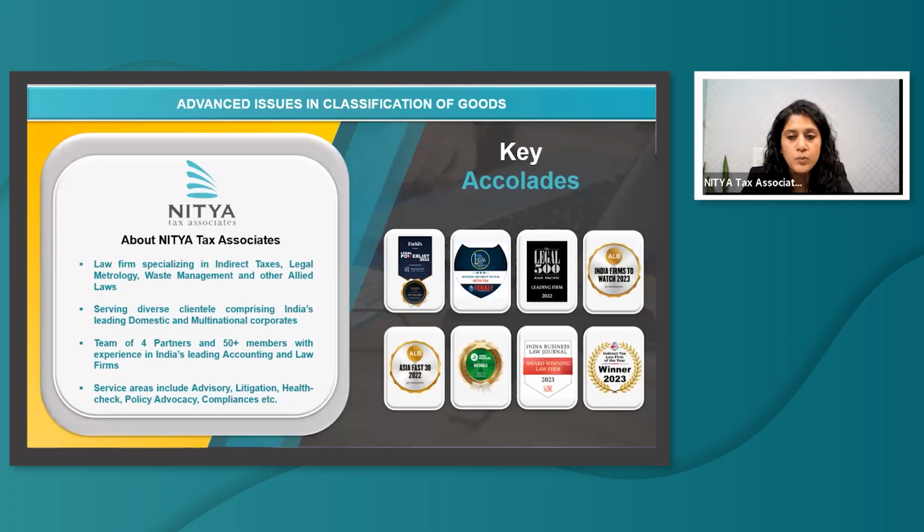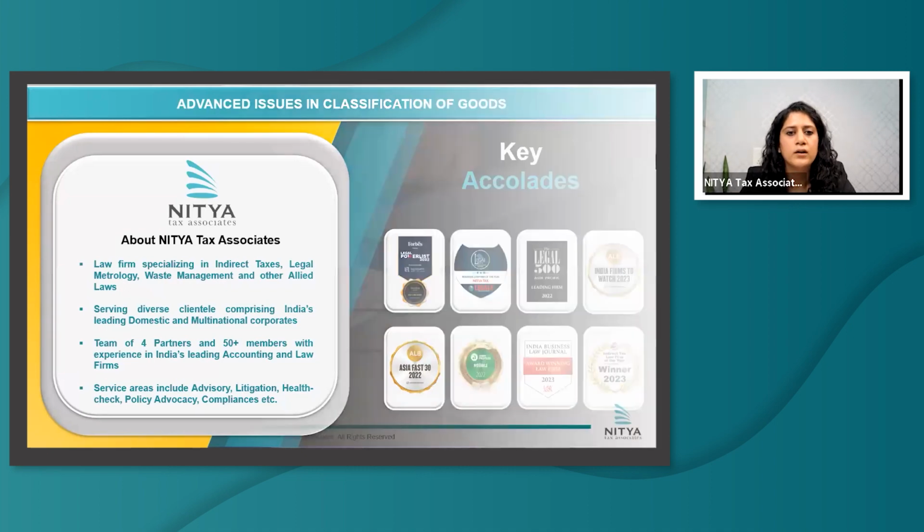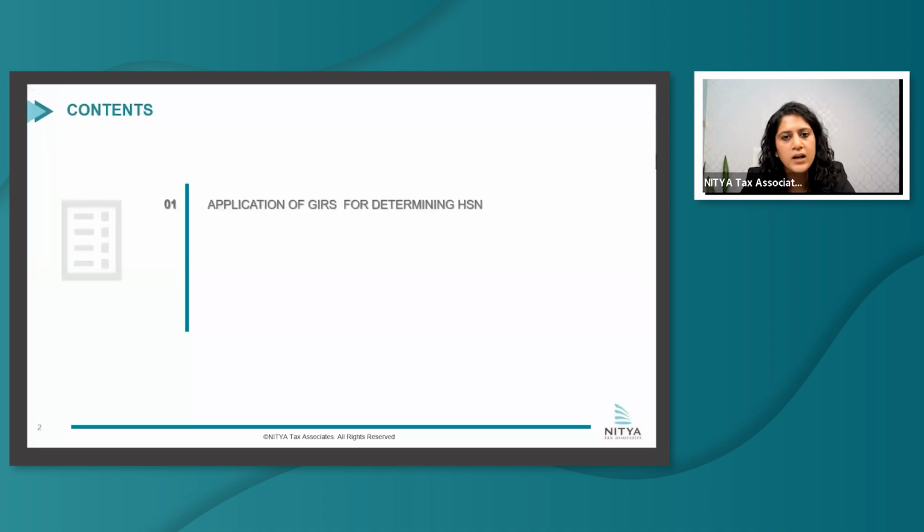Firstly, I'll be dealing with practical application of GIRs for determination of HSN classification. Secondly, in the second portion, we will be dealing with the tests that are applied by various courts for determining the correct classification.